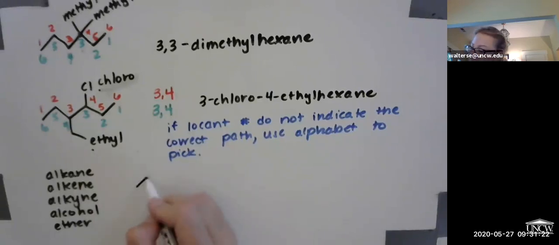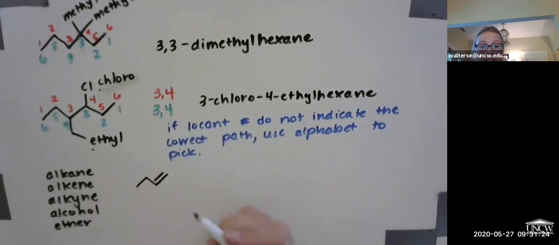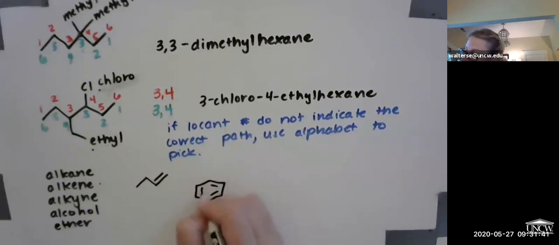So if you had a compound like this, you would say that this is an alkene because it has a double bond. It's not an alkane with a double bond coming off of it. The whole molecule then is an alkene. So if you have an aromatic ring, you would name it as an arene.